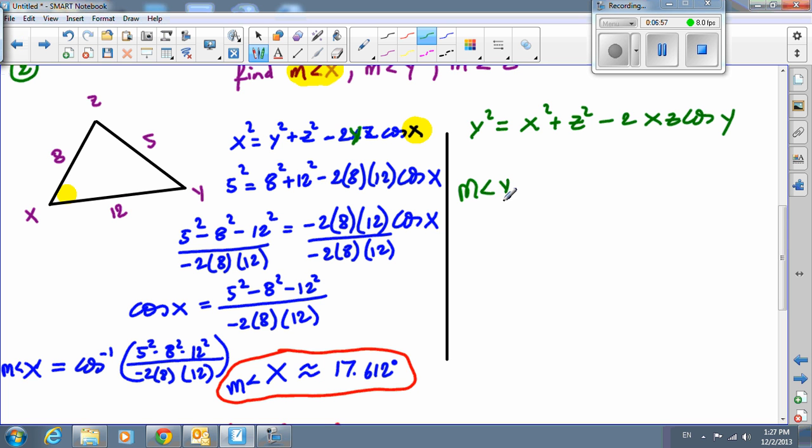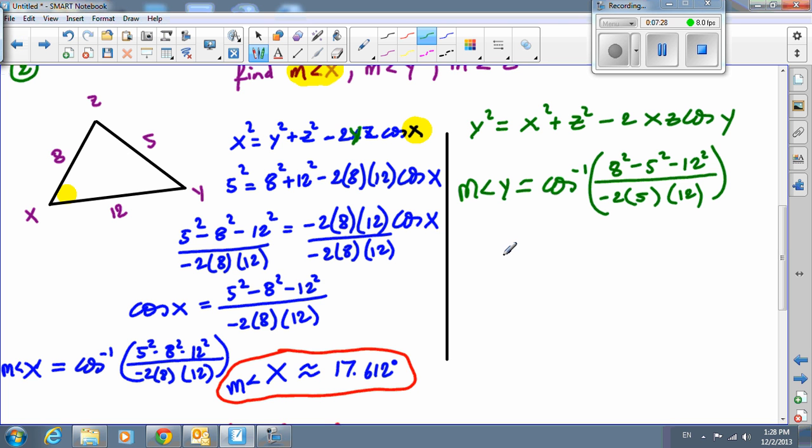Since I solved this, I kind of see what it's going to be. So the measure of angle y is equal to the cosine inverse of 8 squared, which is y squared, minus x squared and z squared, which would be 5 squared and 12 squared, over negative 2 times 5 times 12.